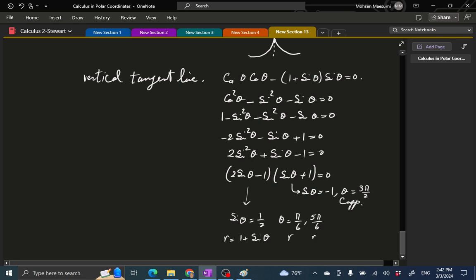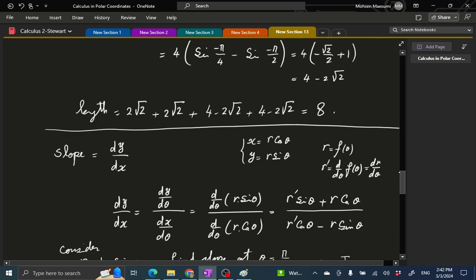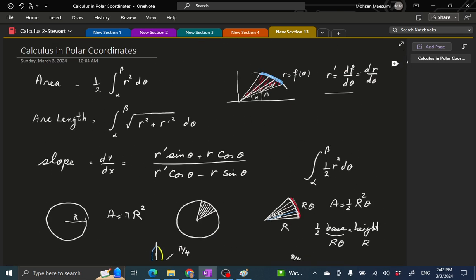It's 1/2, and the 1 makes 3/2. And this one is also the same. So the coordinates where the horizontal and vertical tangent lines happen can be easily found. The challenge was with the cusp, and we did that with L'Hopital's rule.